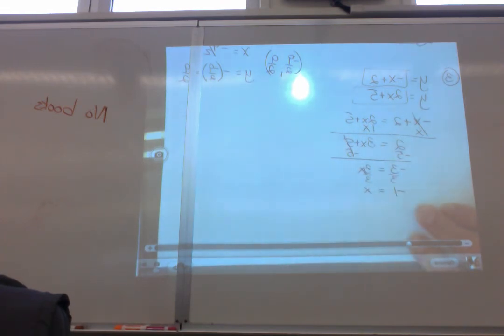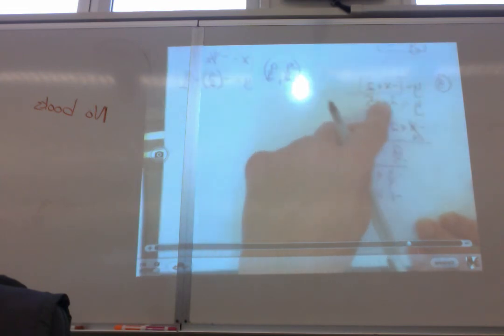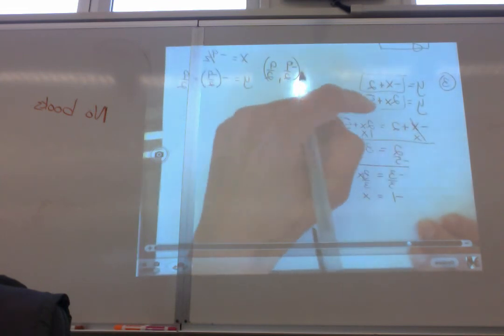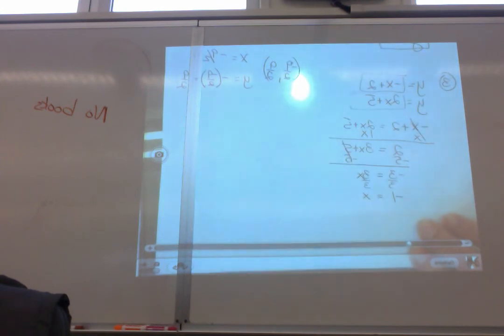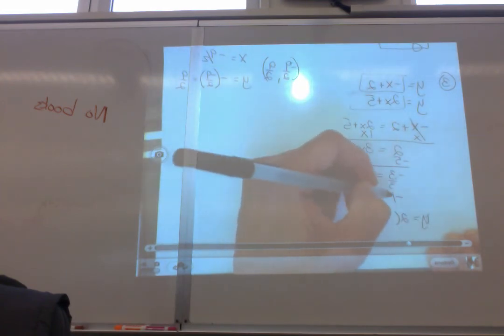I'm halfway done. I need the x and the y. So after I find x, I go look and say, which of these do I want to use? I think I'm going to use the bottom one because I don't like negatives. So I'm going to go y equals 2, and instead of x, I'm going to replace the x with a negative 1.